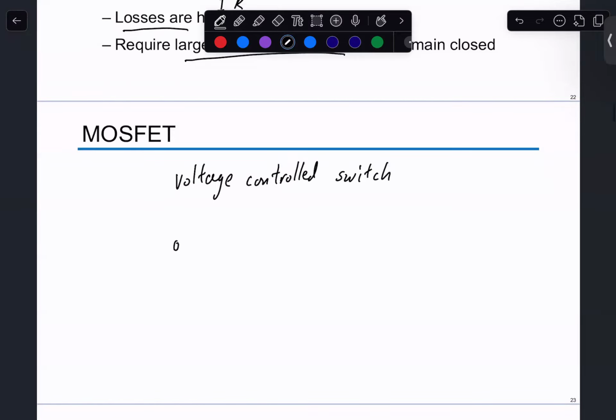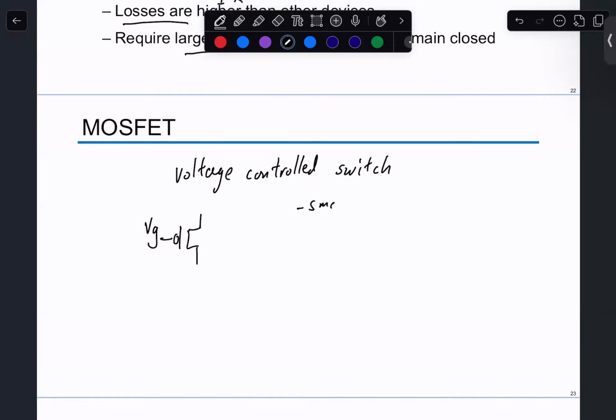We have a gate voltage, and depending on what this voltage is, we apply a voltage to the gate, and this voltage will control whether the switch is open or closed. The benefit is that there is a much smaller loss associated with this voltage control device than a current control device.